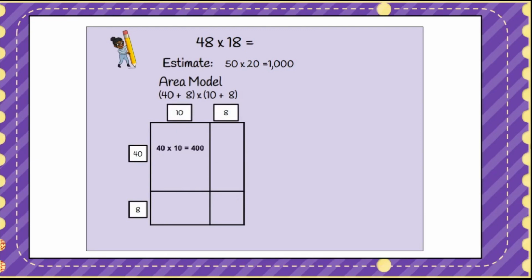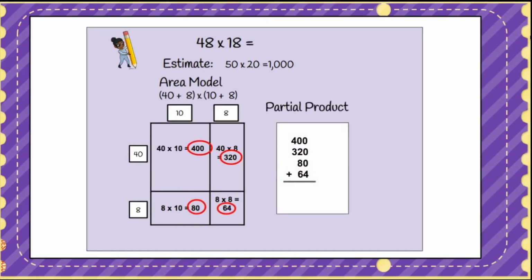This first area is 40 times 10, which equals 400. This area represents 8 times 10, which equals 80. This area is 40 times 8, which equals 320. And our last area represents 8 times 8, which equals 64.